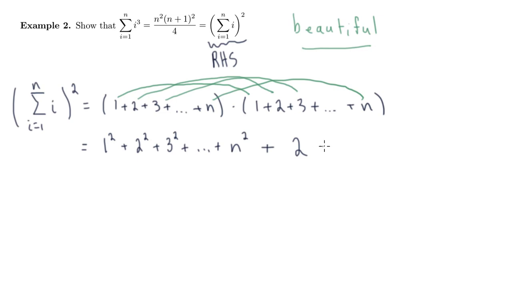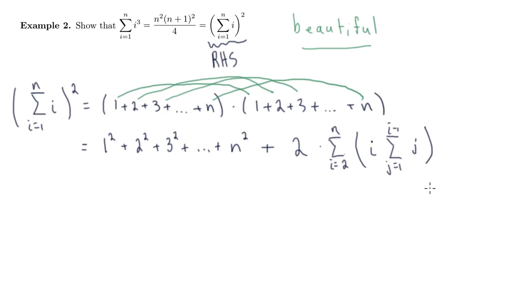And what are those terms? Well, I add, i equals 2 to n of i, and then we add j equals 1 to i minus 1 of j.